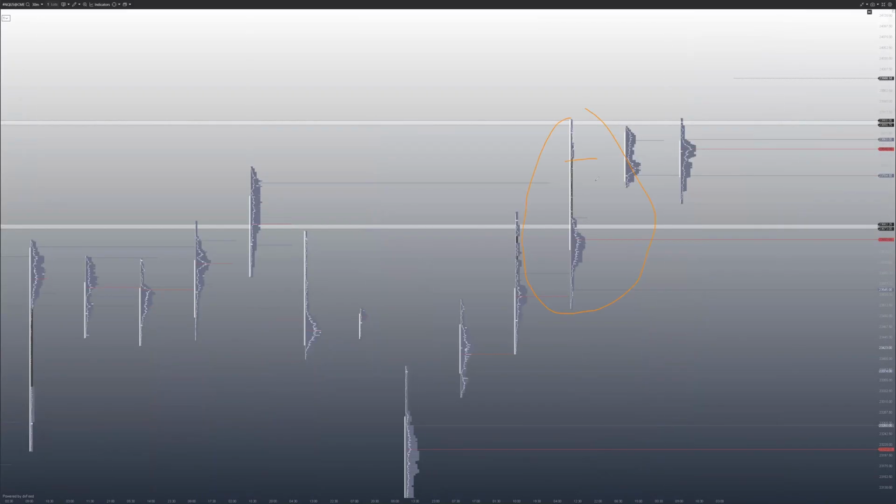We also have a low volume zone or single prints here, and we fill this zone with volume. That's why I merge all the profiles together, because we are still trading in this profile.